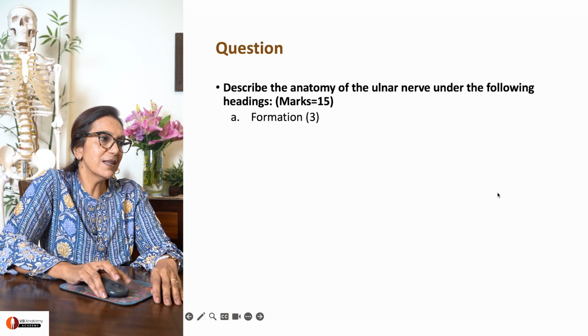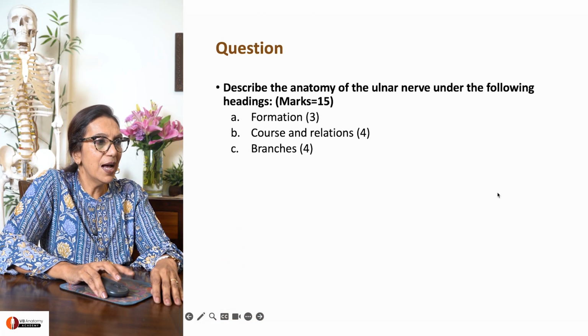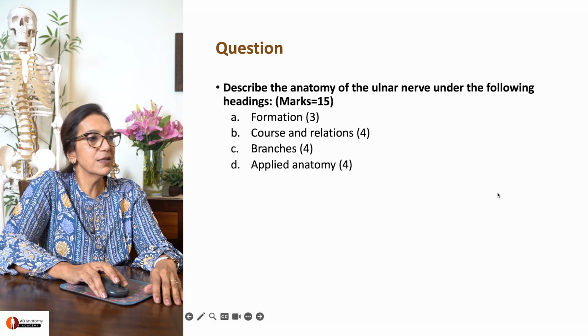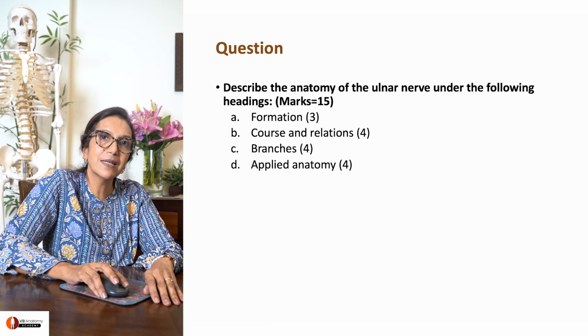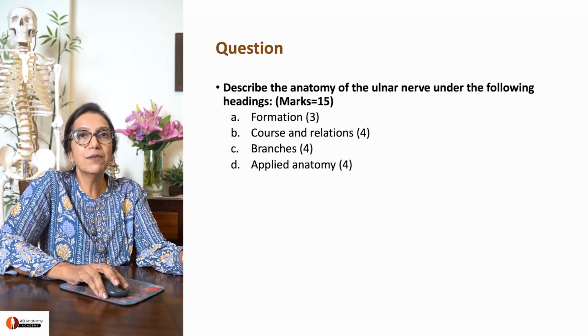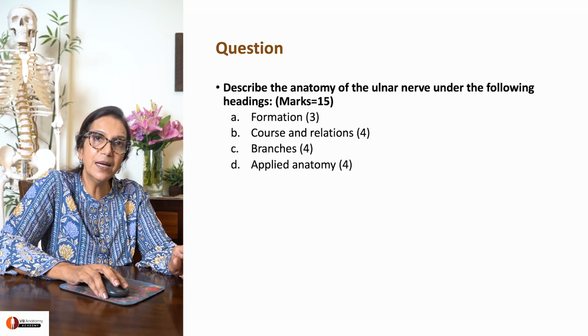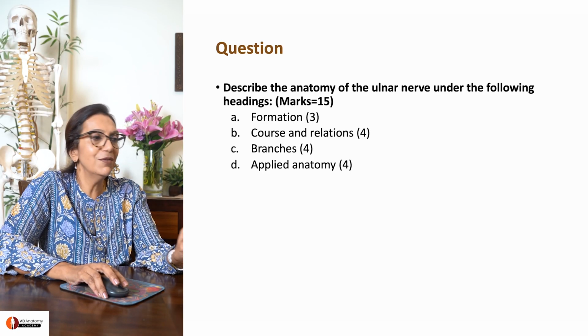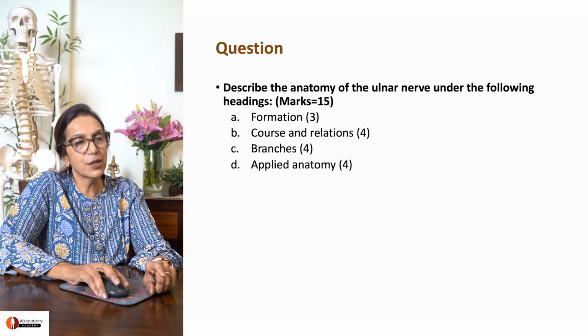So the question we started with was this. Ask yourself, will you be able to answer this to score maximum marks? So look at the marks given to a question when you are attempting it and make sure you have written enough to justify them giving you marks for it.